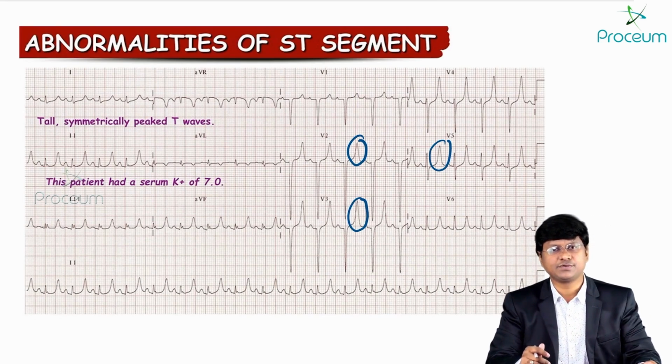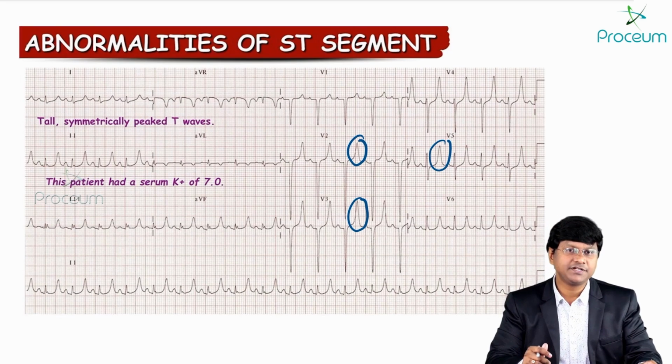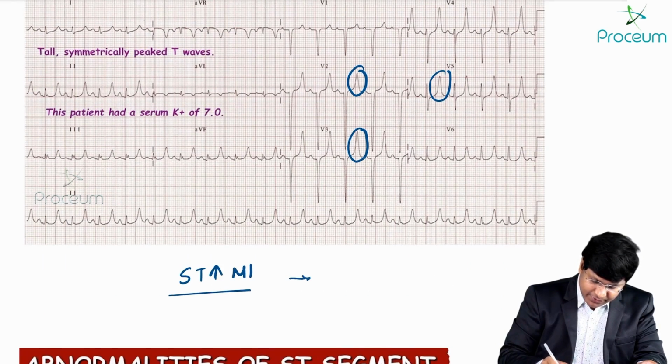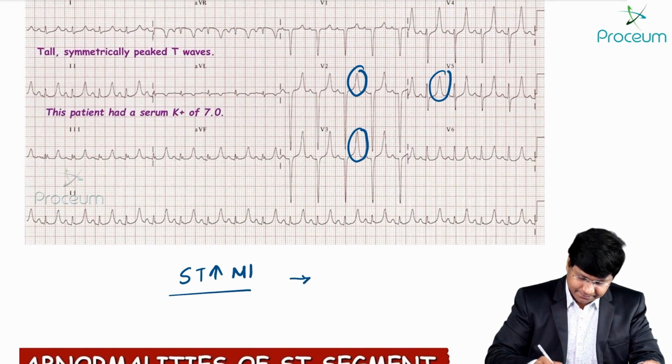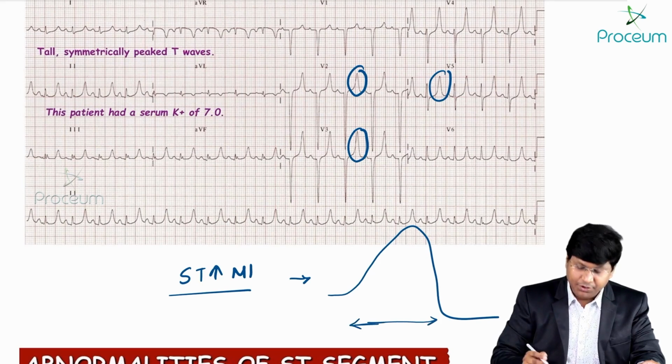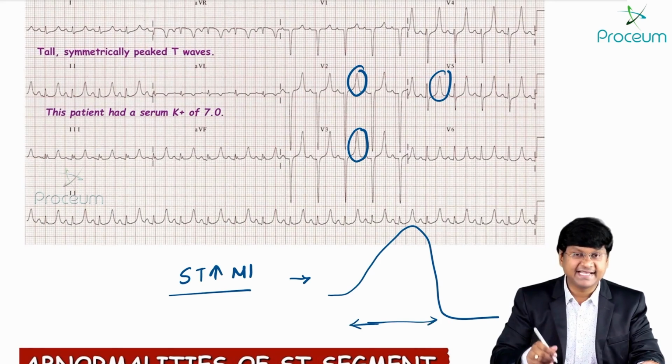Now, what is the differential diagnosis of tall T waves? The differential diagnosis of tall T waves is ST elevation MI. But in ST elevation MI, you will have tall T waves, but you will have broad, asymmetrical tall T waves.